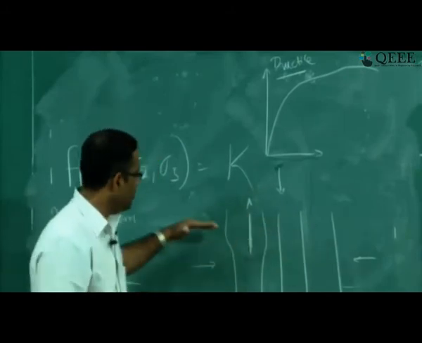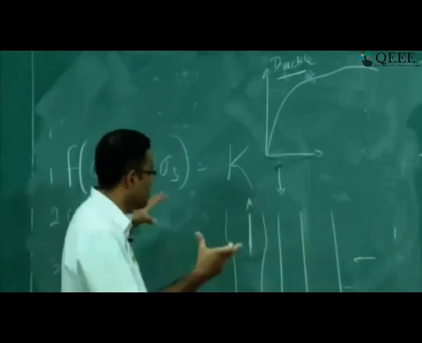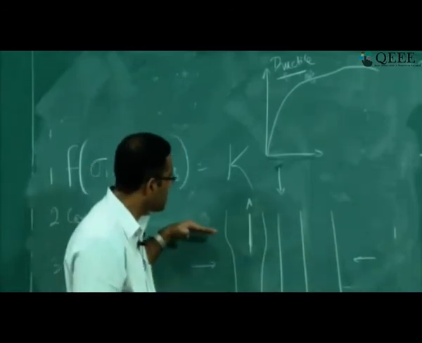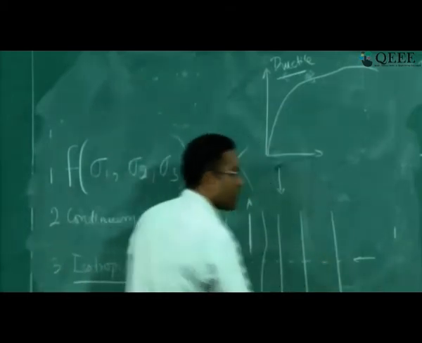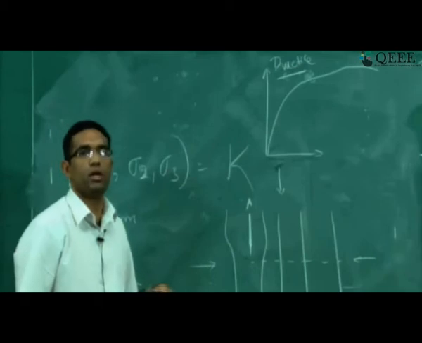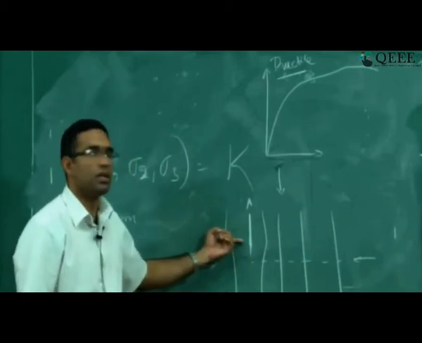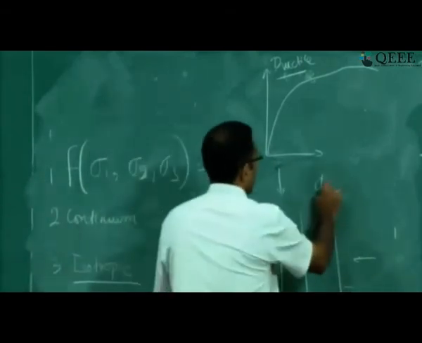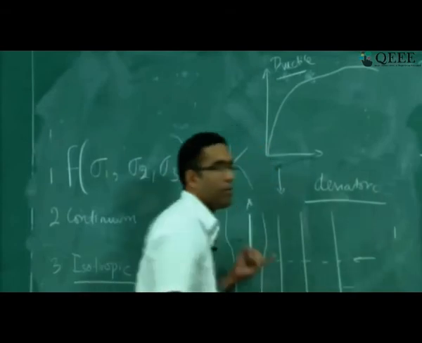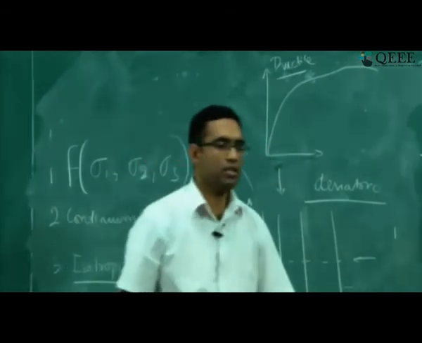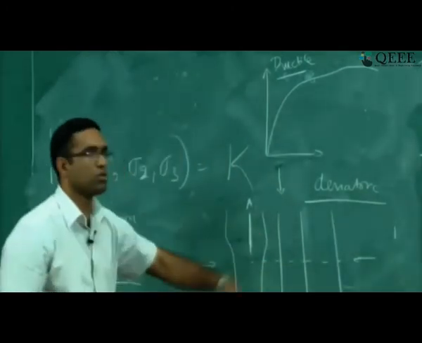So for that you need the deviator, the one that changes shape, not the one that changes volume, to actually cause these dislocations to move along this particular plane, or the slip plane as they call it. Because of this, as far as ductile material is concerned, the deviatory component of the stress tensor becomes very important. Okay, it is that which basically distorts and causes the dislocations to move.